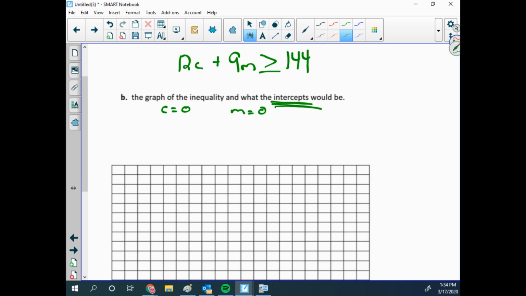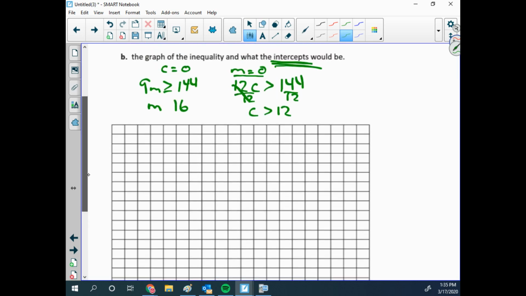So if I put that into here, this would be 9M equals 144. So 144 divided by 9. M is going to be 16. That's my M intercept. And if M is equal to 0, that's going to be my C intercept. So 12C equals 144. So divide that by 12. C is 12. So 2 intercepts.